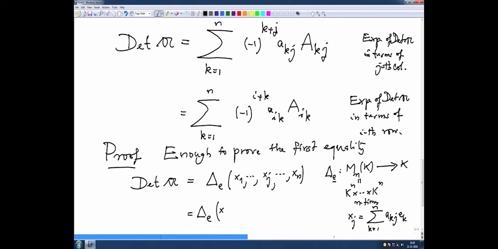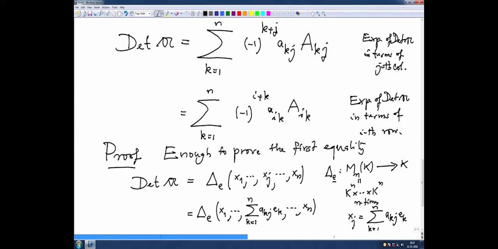We have used the standard basis elements to write this column in terms of the standard basis. So, the coefficients are obviously the entries in the jth column. The first entry is a_1j, second entry is a_2j and so on. So, I am just going to put that in: summation k equal to 1 to n a_kj e_k, and all others are the same columns x1 to xn, other than the jth entry, which I have not changed.